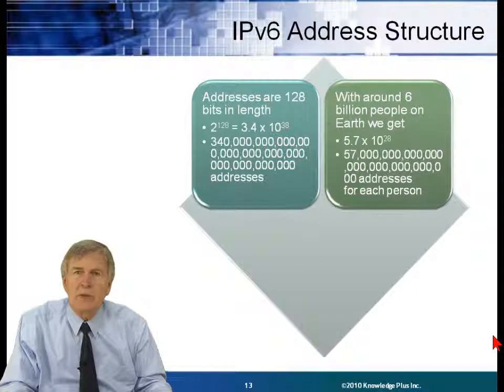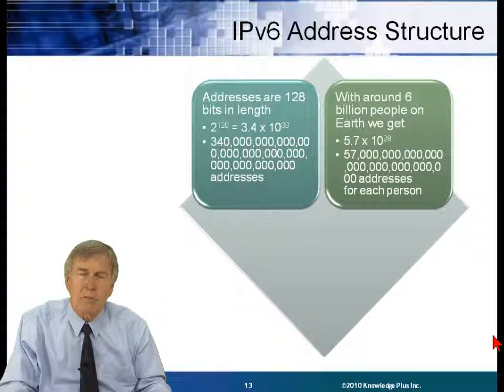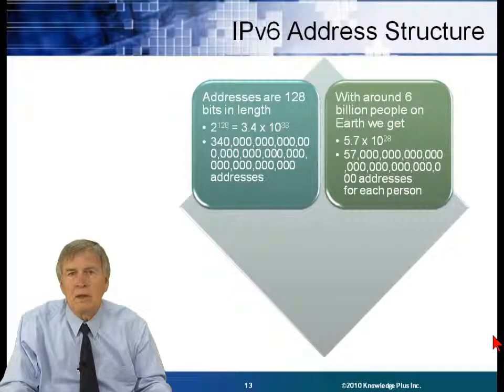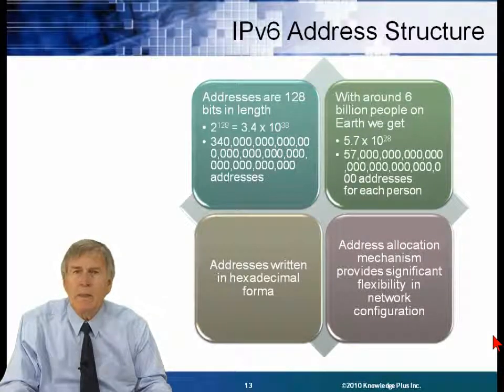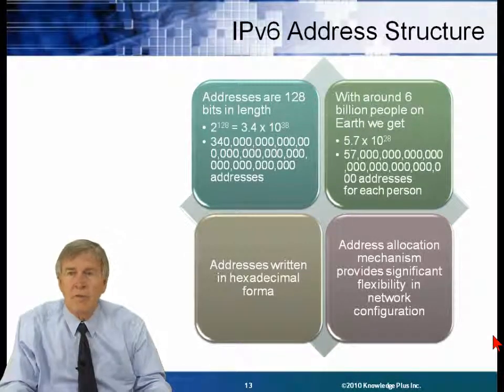If we had 6 billion people on the earth, everybody would have a whole pile of addresses available to them. Remember we talked about some address space being reserved, so we still need a well-designed format for assigning the addresses. Addresses are now written in hexadecimal form, and the address allocation mechanism provides significant flexibility in network configuration.